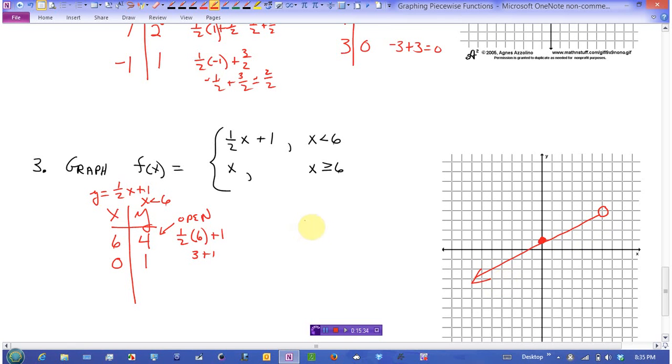Let's graph the other one. Y is equal to x. And for this, the x values have to be greater than or equal to 6. Let's make our xy chart. Let's use 6. So if I put a 6 in for x, I get a 6 for y. Because there's an equal to in that equation, it's a closed dot.